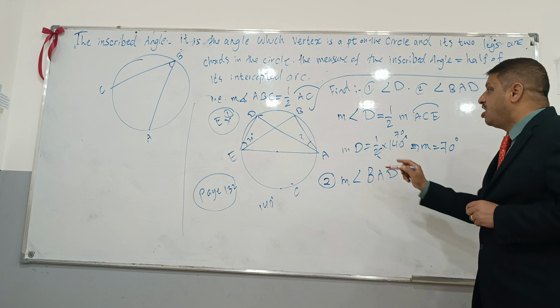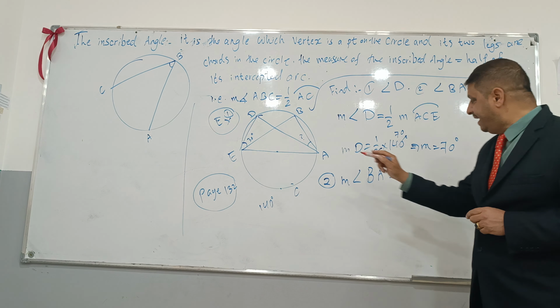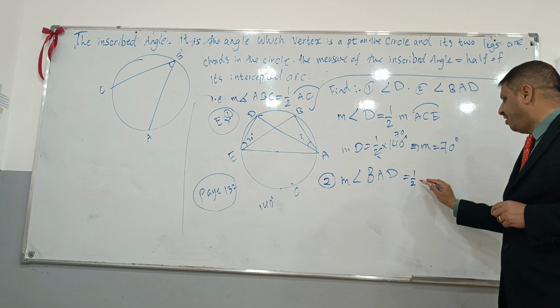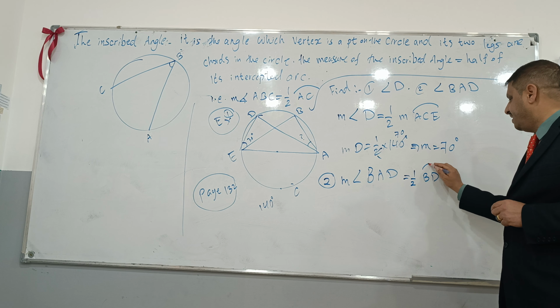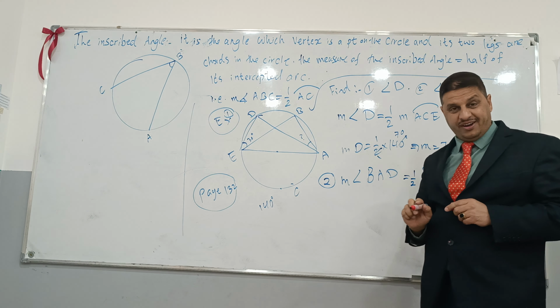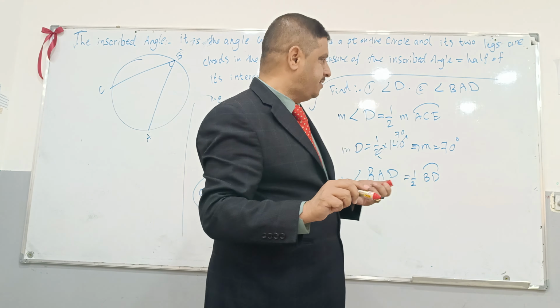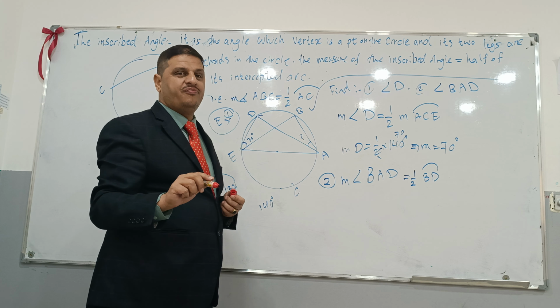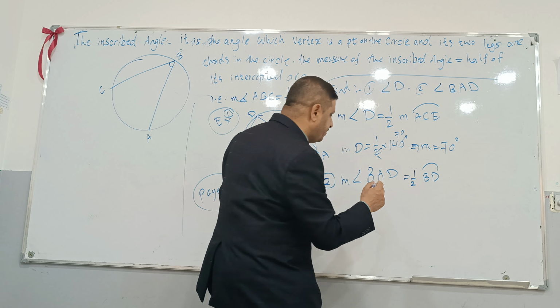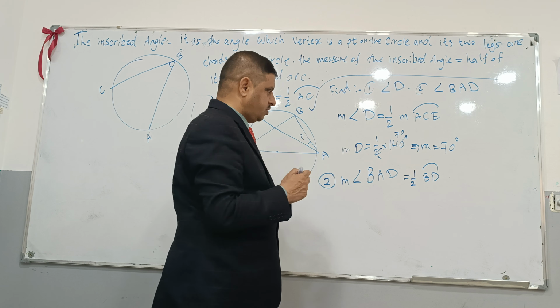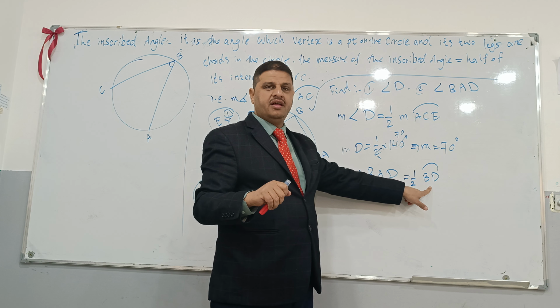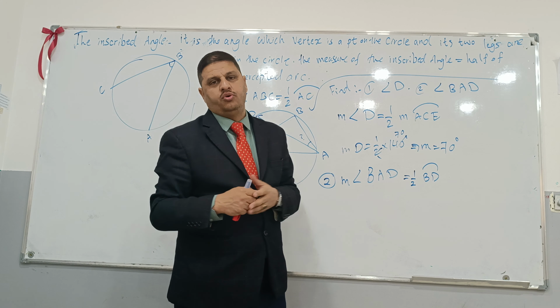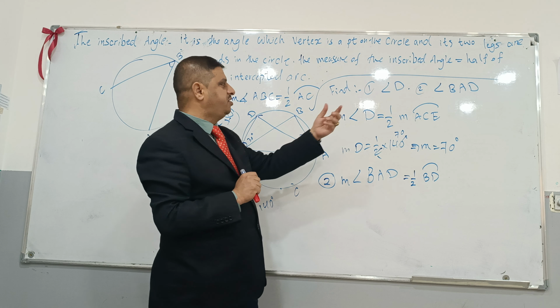I mean, its arc is BD, so it equals 1/2 BD. Do I have the measure of BD? No. I don't have the measure of the arc BD.